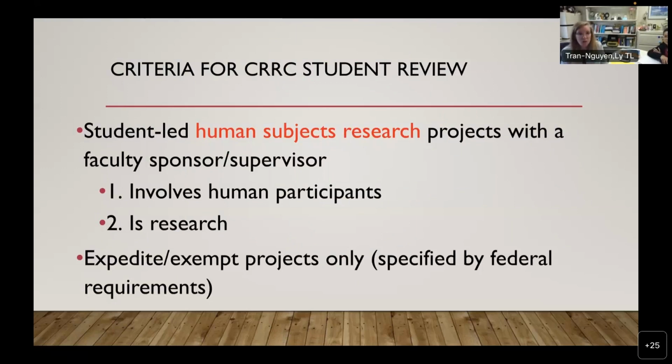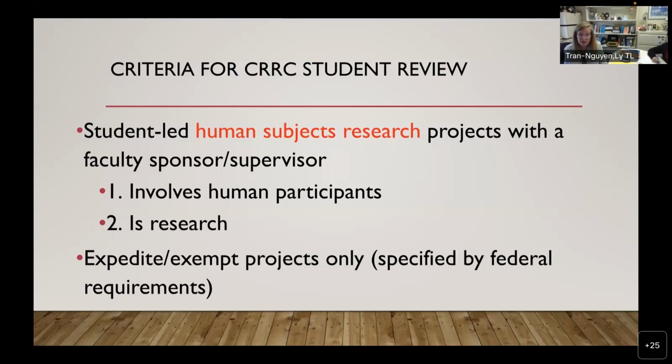The first consideration, student-led, that's pretty easy. Is it a project that is originating from the student? And is it human subjects research? That's pretty easy to define as well, at least the human part. If you're interacting or collecting data from human participants, it meets that part.